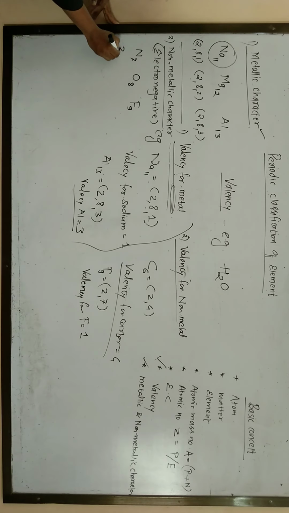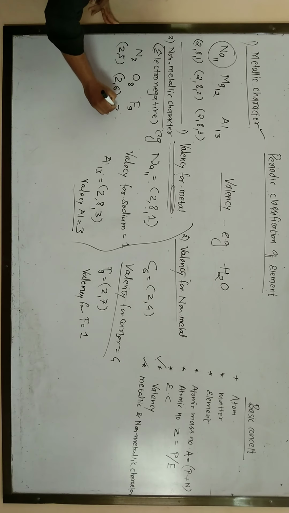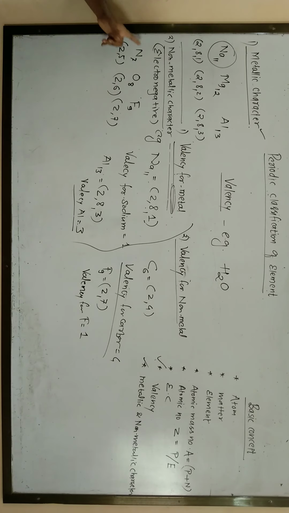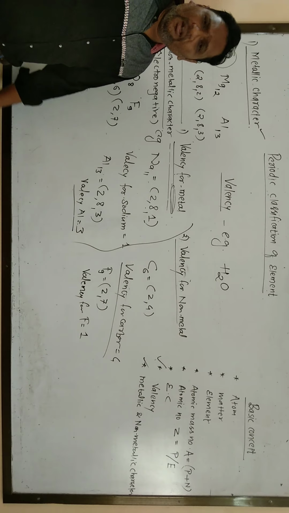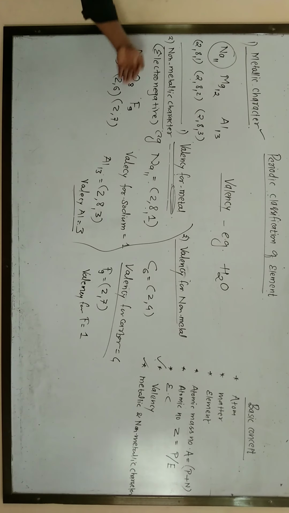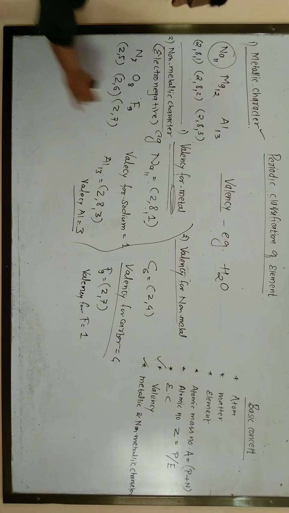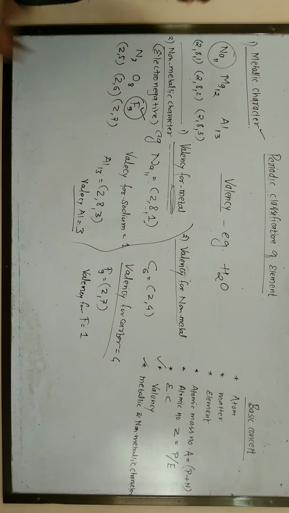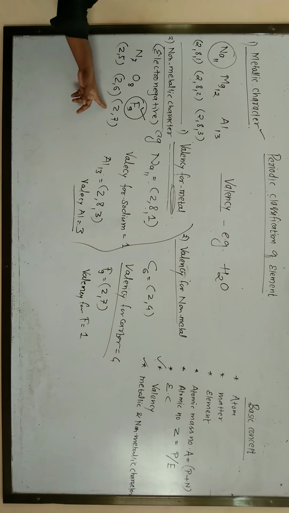So its electronic configuration is 2, 5. This is 2, 6. This is 2, 7. So among these three non-metals, who is more electronegative? The answer is fluorine, because it requires only one electron to complete its octet and become stable like the nearest inert gas, neon.